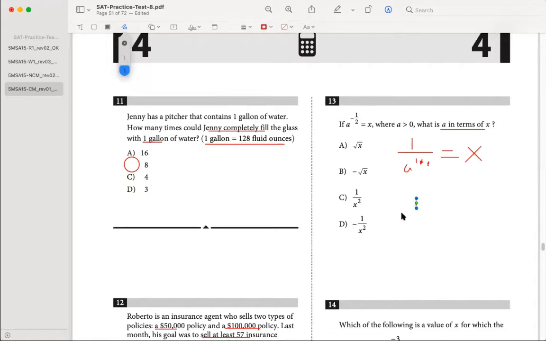Okay, 13, you said was C. And C is the right answer because when you set it up, that's what A would be in terms of x. Or you could just multiply out by negative two. So you just multiply out to get rid of the exponent and then you solve. That's another way to do it.